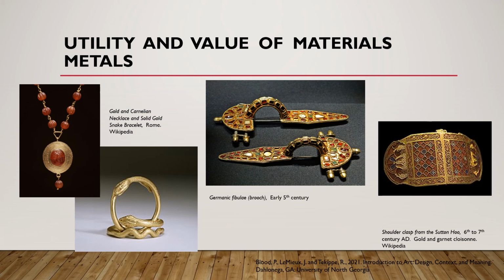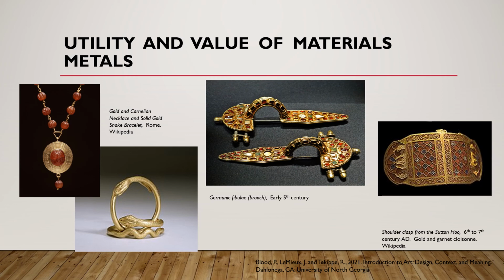If you look real close, you can see that there are precious stones set into that brooch. That would have been an early 5th century way that they would have held cloaks together or some sort of a cape. So it was decorative, but it was also utilitarian at the same time.